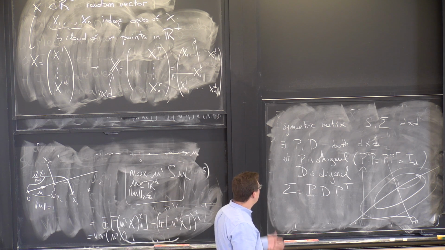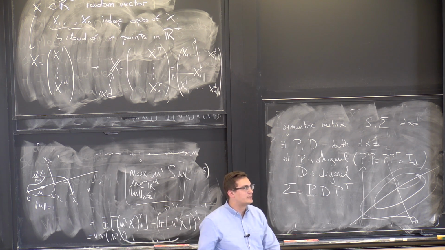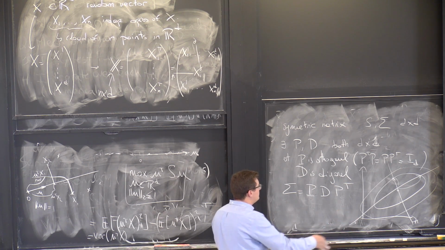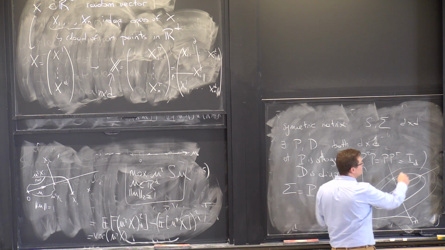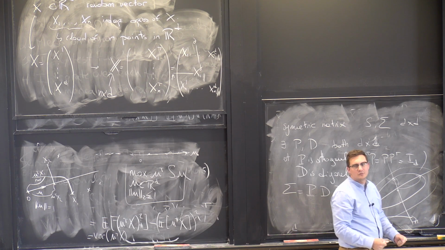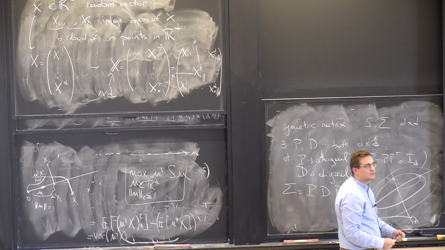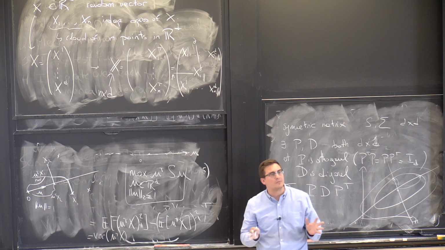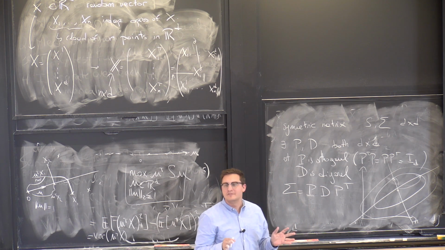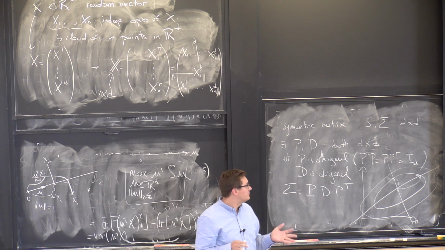So in a way, this is actually telling you even more. It's telling you that any matrix that's symmetric, you can turn it somewhere, start to dilate things in the directions that you have, and then turn it back to what you originally had. And that's exactly the effect of applying a symmetric matrix to a vector. It's pretty impressive.